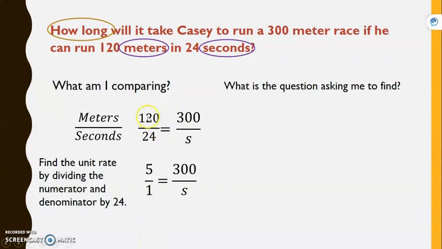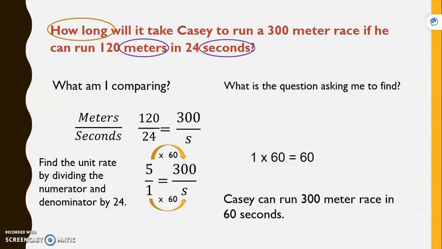And 120 divided by 24 is 5. 24 divided by 24 is 1. So I found a unit rate. He can go 5 meters in 1 second. And this one's much more simple. 5 times 60 makes 300. So 1 times 60 is 60. So Casey can run a 300-meter race in 60 seconds.